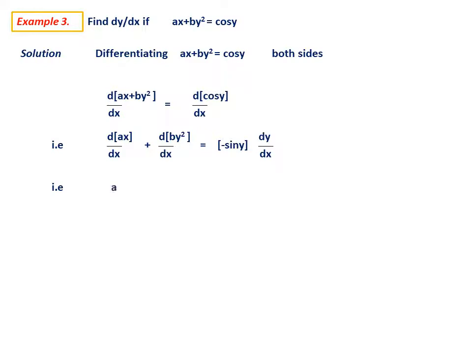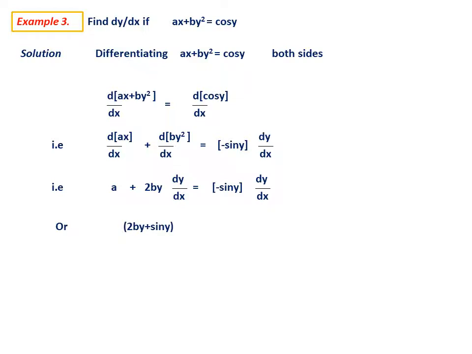Now left side, first one there is no difficulty, it is a only, because d by dx of x is 1. But how do you differentiate d by dx of by square? Look here, 2b, b is constant, comes out. Differentiation of y square is 2y. Then we have to write dy by dx. Chain rule once again. This equal to minus sin y dy by dx.